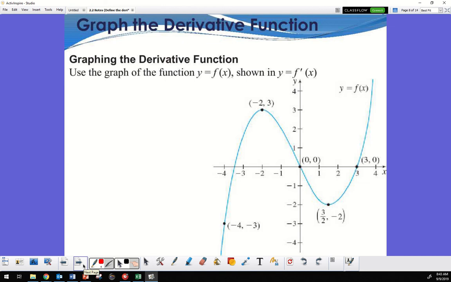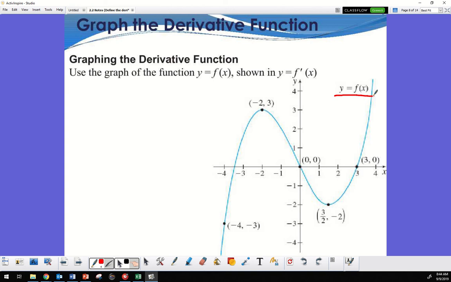Okay, graphing the derivative of the function. Here's a graph of the function shown here. So this is y equals f of x. Is this the derivative? No. Okay, so now let's take a look here.